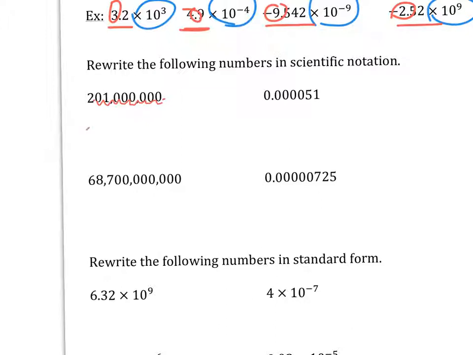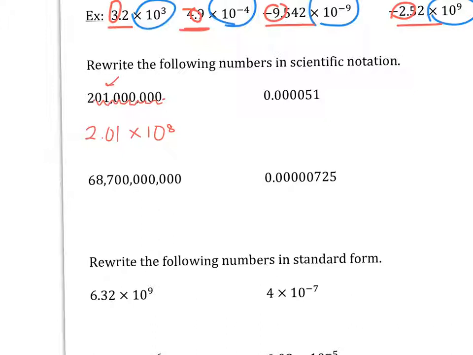So I have 2.01, and then the rest are zeros. My first term in this scientific notation is 2.01 times 10 to the 8th, because I had to move 8 place values over from where it was originally.